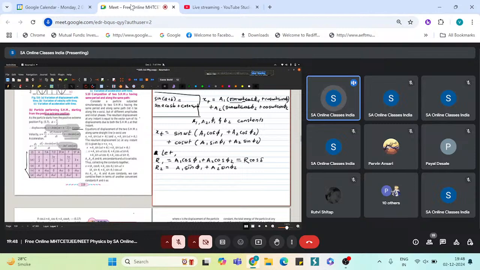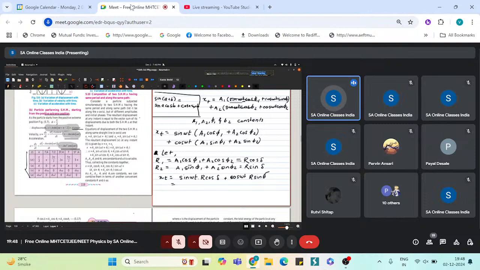So we'll assume these are all constant numbers, and we can do this. And similarly, because in this equation all terms are sine, we can write this as the sine component of R. And now the x(t) equation will look like sin omega t R cos delta plus cos omega t R sin delta.